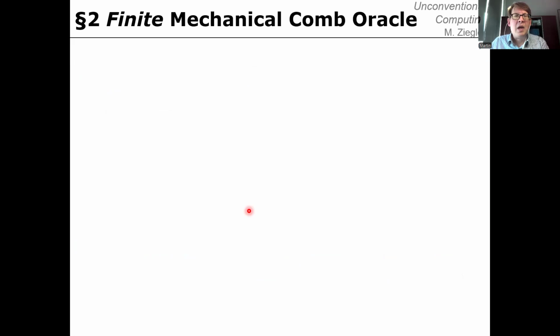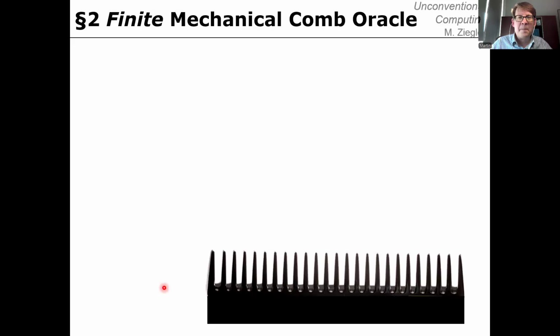Let's move on and now discuss another example of asymptotic computation, namely using comb oracles. A comb oracle is a different kind of oracle. It's a mechanical oracle. And we start by showing you a finite mechanical comb oracle. So nothing infinite here for now. And here you see simply such a comb.